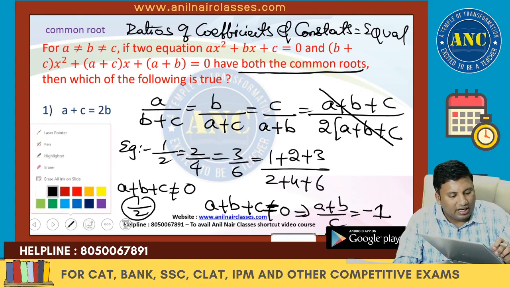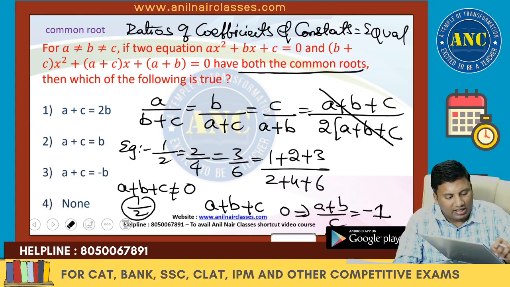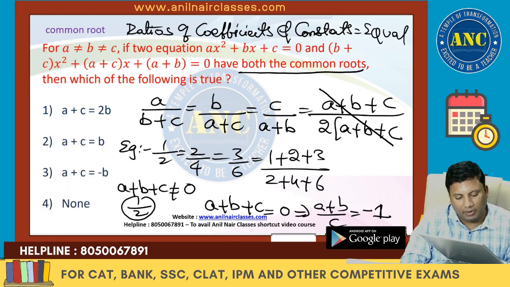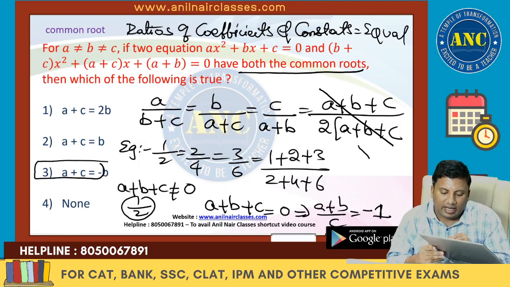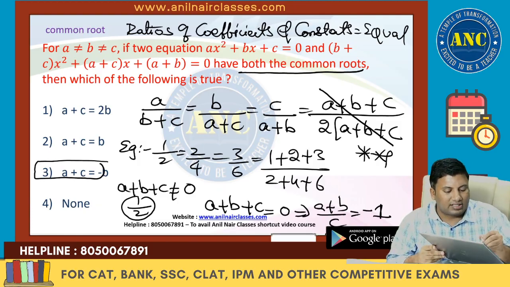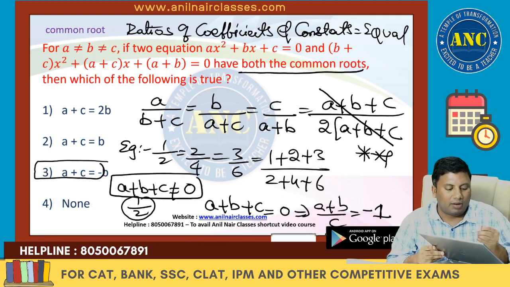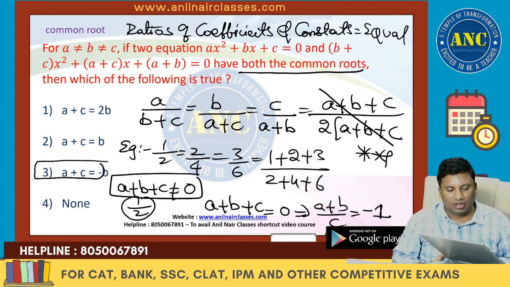If it is equivalent to 0, A plus B equivalent to minus C or A plus C equivalent to minus B. Please make a note: don't directly cancel it, sir. Cancelling is possible when the denominator is not equivalent to 0.